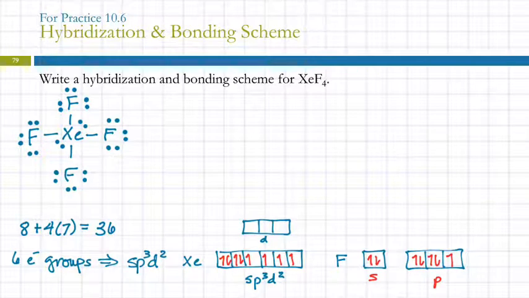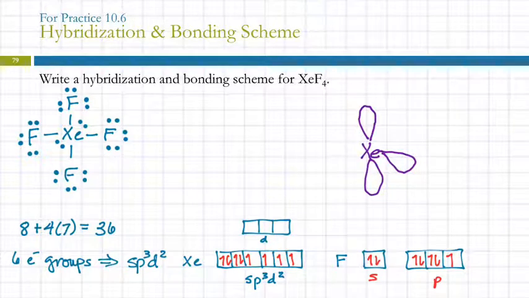So now I'm going to attempt to draw a picture. So let's put xenon in the middle. And xenon has 6 hybridized orbitals, right? So there's 1, 2.